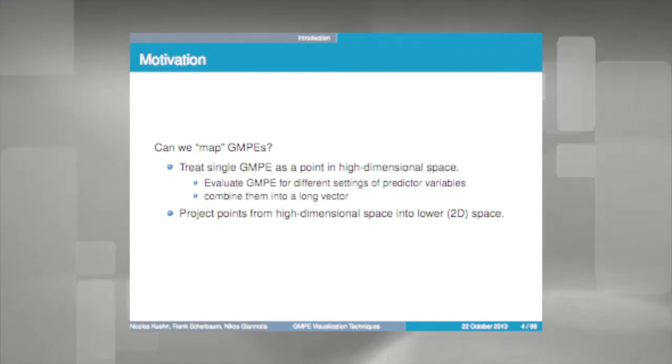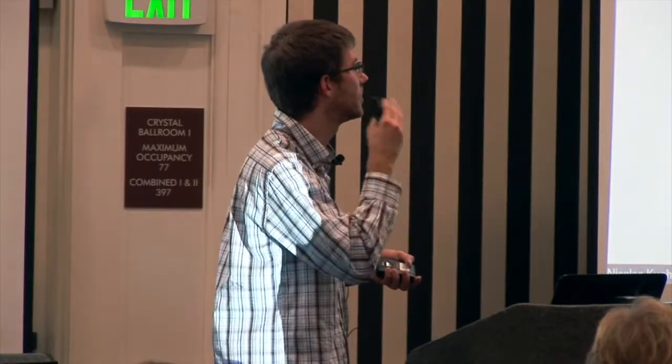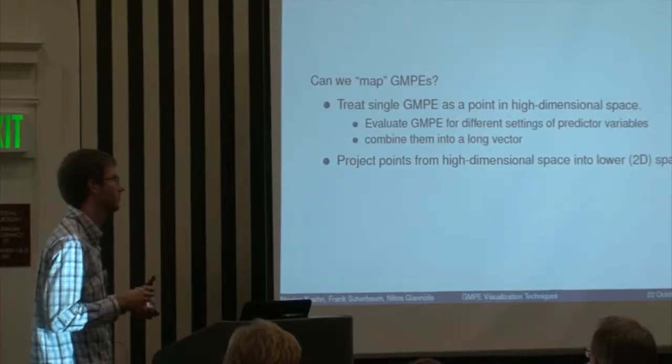In theory, of course, the GMPE would be in an infinite dimensional space because it's continuous, but we're discretizing it, in this case, at different magnitude and distance values.